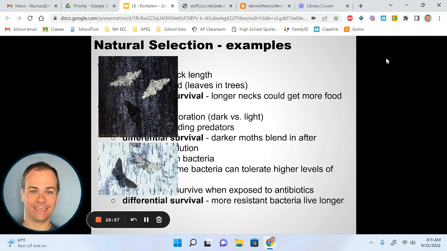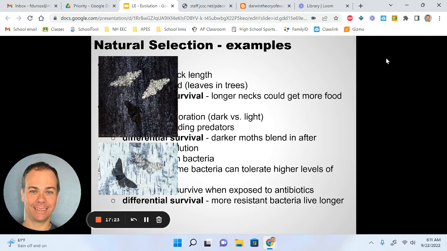And when scientists recorded the number of the different types of moths, what they found is the population changed. And like Ryan was explaining, dark moths started to become more and more common over time. Why did they become more common? What was the advantage of being a darker colored moth in this situation? Yeah, more difficult to see.